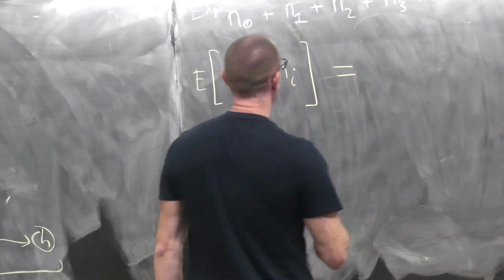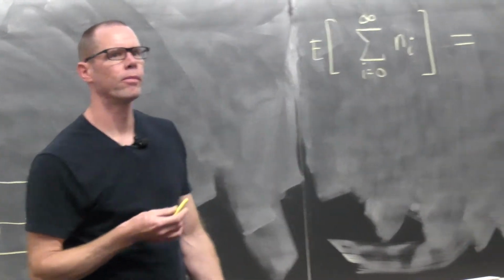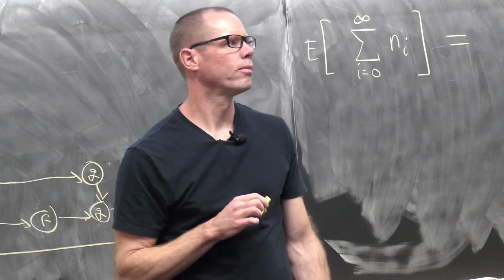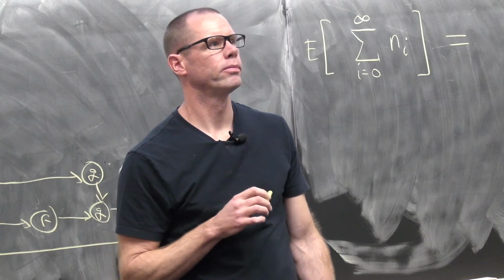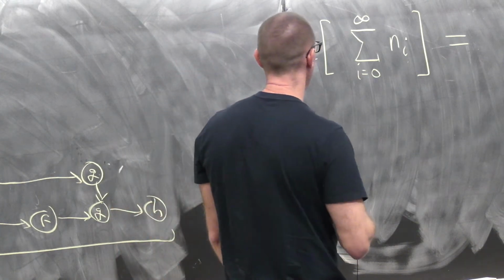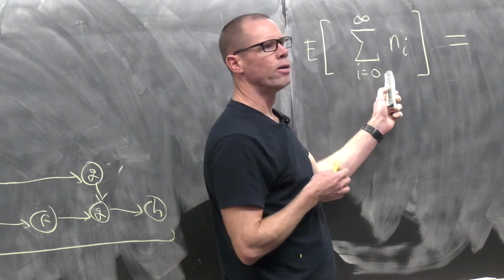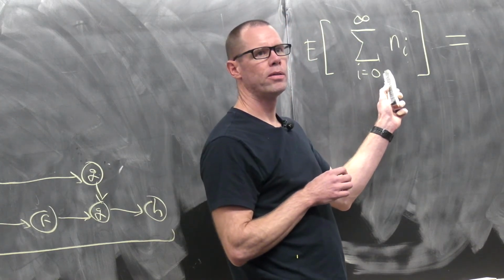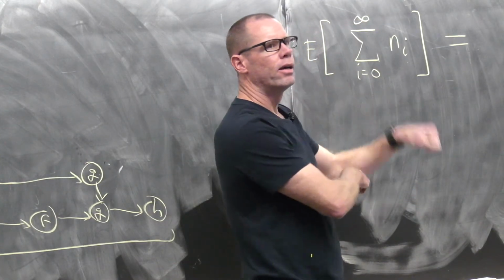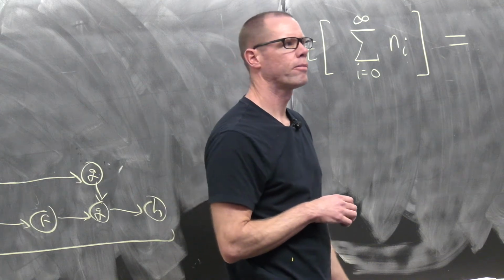So, what should we do next? We've done this twice already. I have the expected value of a sum. So I have the expected value of this complicated thing. I want to break it into simpler pieces that I know how to study.